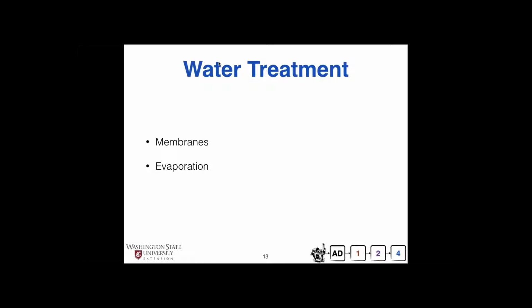Okay, so we're going to branch here and take a look at the water treatment unit. And again, kind of the lower right corner there, we're really dependent now on going from AD through our primary solid separation, our advanced solid separation, to get to the point where we can look at using membranes or potentially evaporation as a water treatment unit.